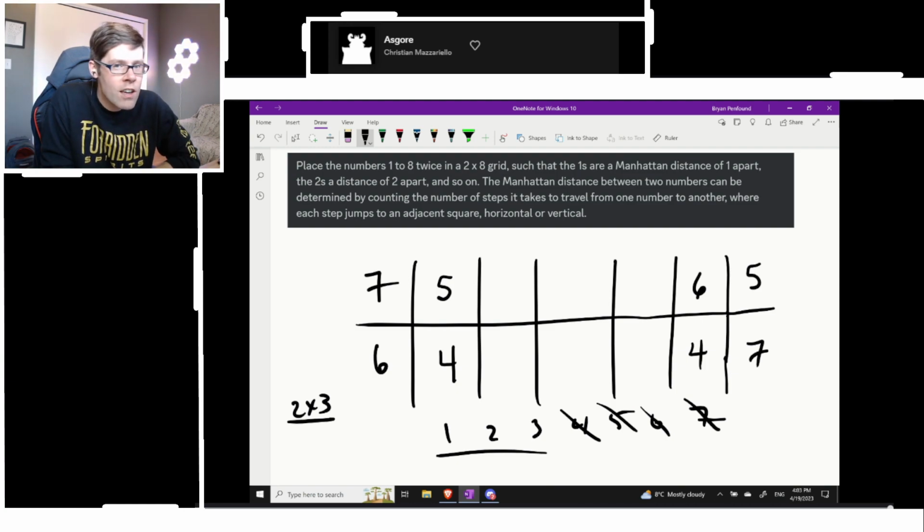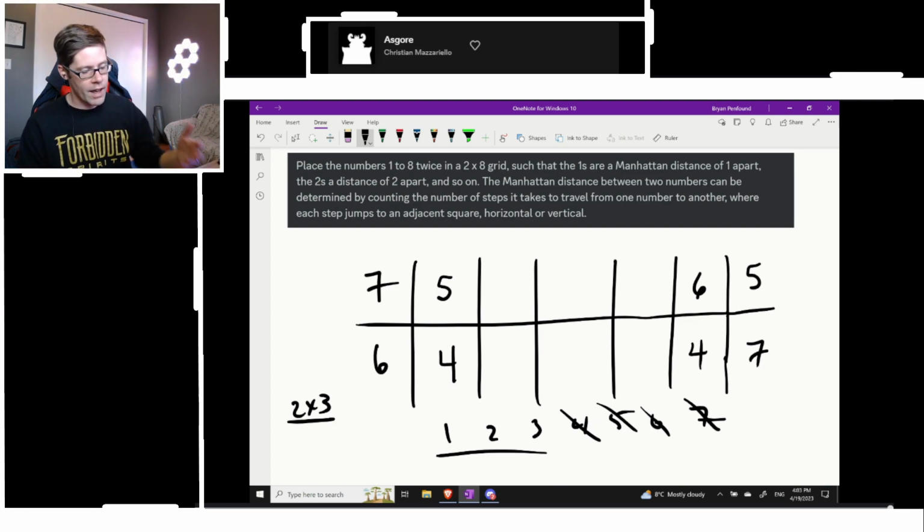I think here you might be able to use the subgrid idea, right? Like, so here, after I've placed the 5 and the 4 down, I notice that I have a subgrid that's a 2 by 3 subgrid. We know that the 2 by 3 can't be populated.